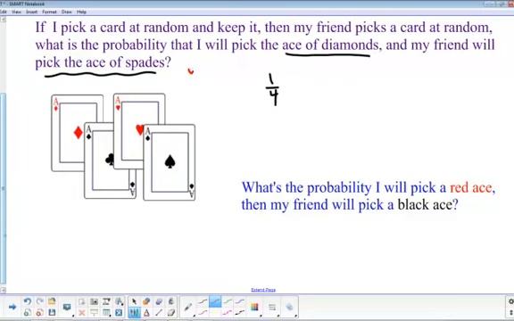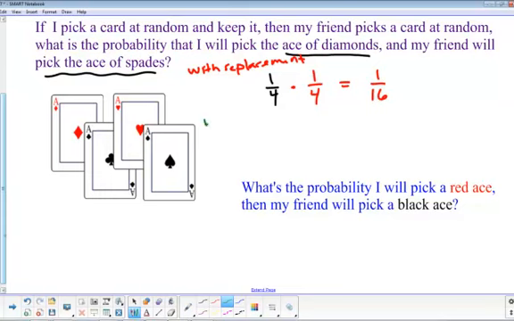If we think about this with replacement, it would be 1/4, then you put your ace of diamonds back, and then your friend picks the ace of spades. That'd be another 1/4. Each card has a 1/4 possibility of getting drawn because there's 4. So with replacement would be 1/16.